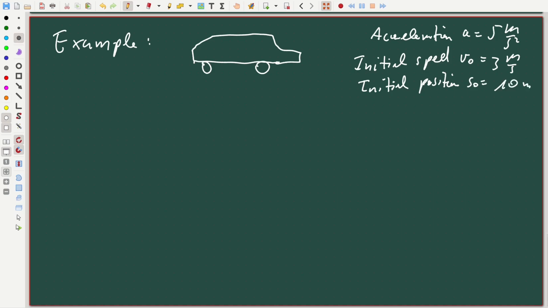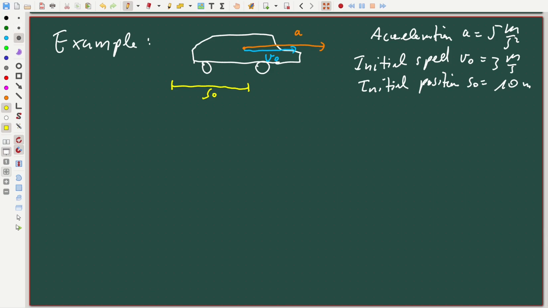So what it means actually is that we have here acceleration a, and we have an initial speed v0, and we have a distance already from the beginning, which could be, for example, here, and this is given as S0.